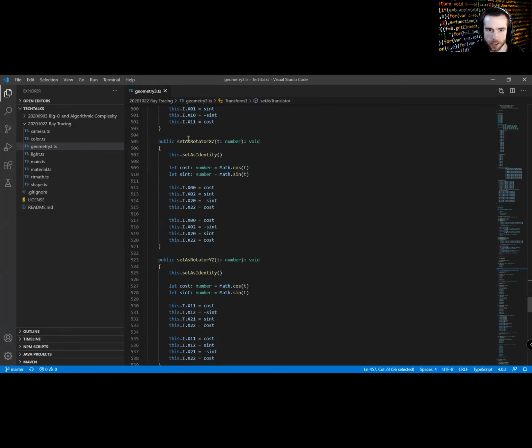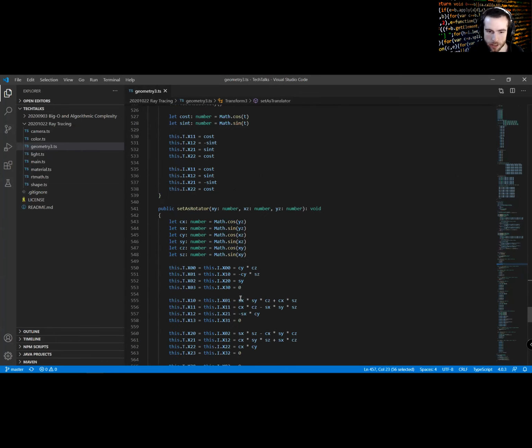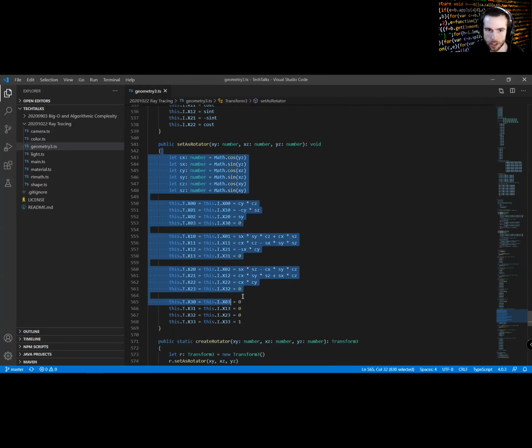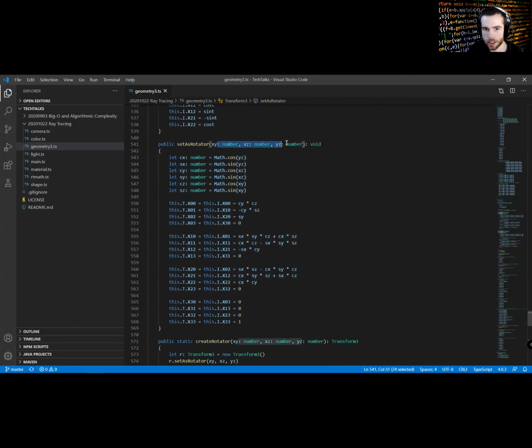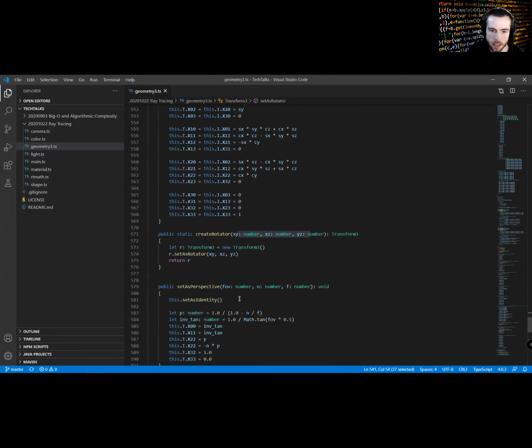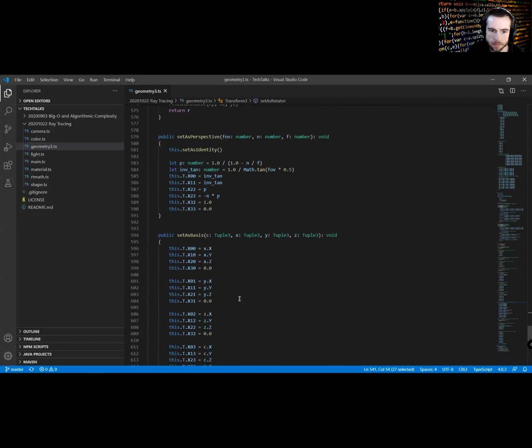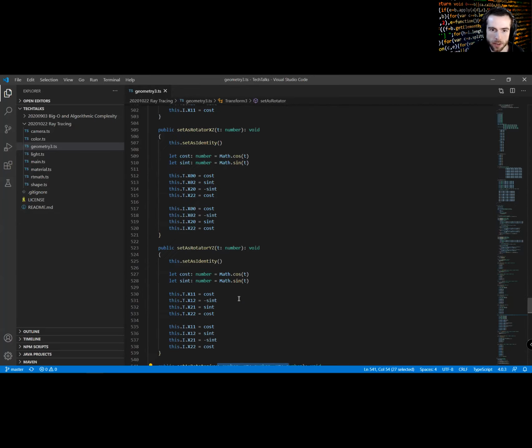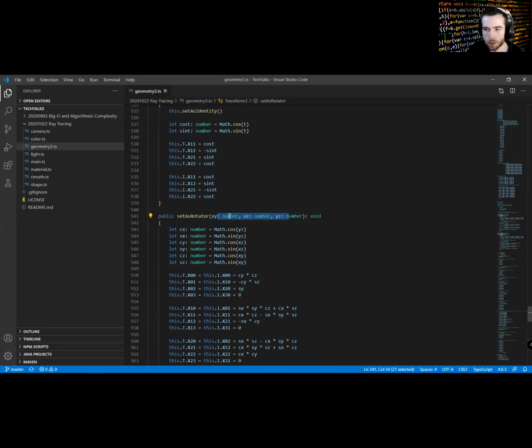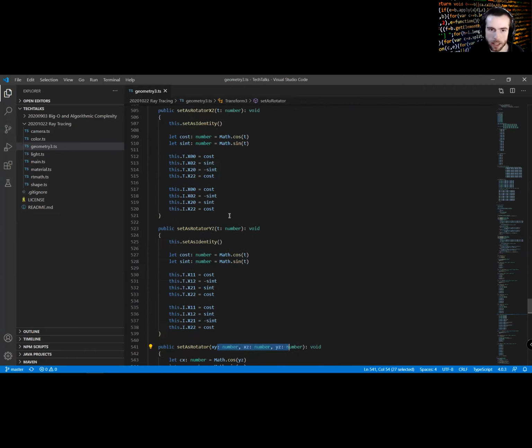And then rotation, I have a few things for setting rotation around a particular axis, and then here's a general setAsRotator, rotation around the XY plane, XZ plane, or the YZ plane. Anyway, basically these methods will set up the transform as a particular rotate or translate or something like that.